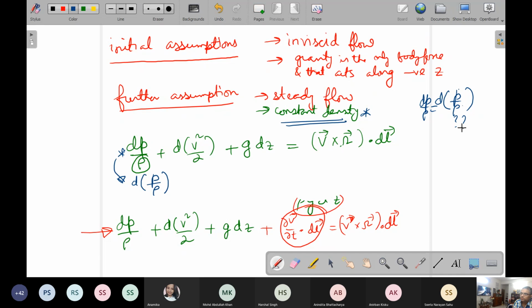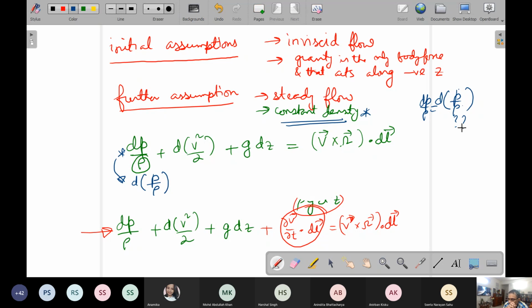The hint that I want to give you is that imagine density as a thermodynamic property. A thermodynamic property can be a function of two other independent thermodynamic properties. Say density could be a function of pressure and temperature. So imagine the case when you have density as a function of temperature but not pressure, and density as a function of pressure and not temperature.